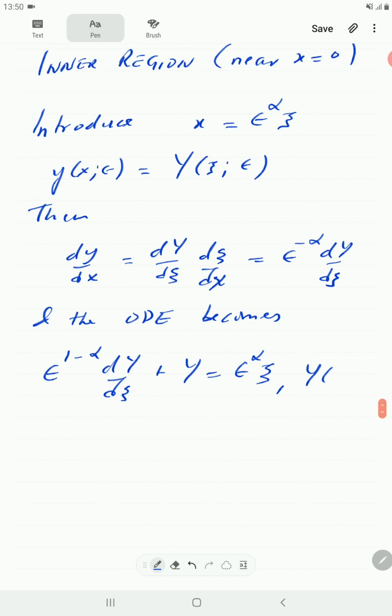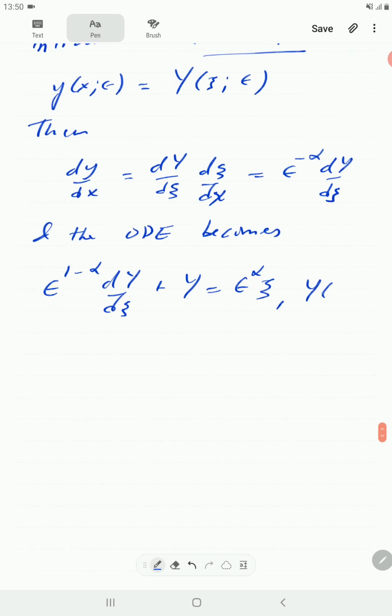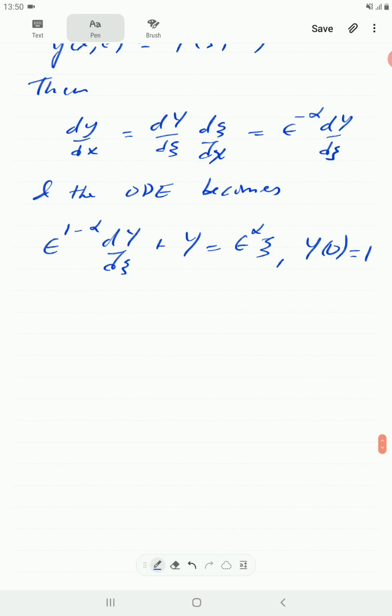When x is equal to 0, xi is also 0, so the condition is now going to look like this. Then alpha is determined by what is called a distinguished limit, which we introduced when we looked at singular problems of algebraic equations.